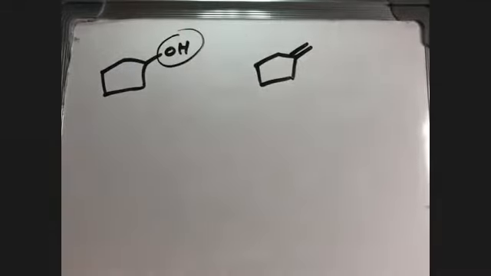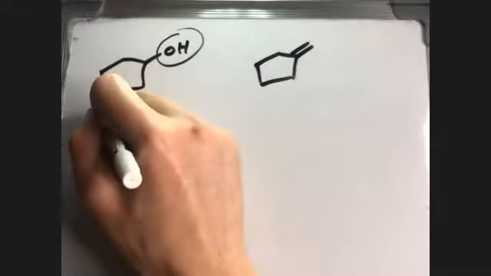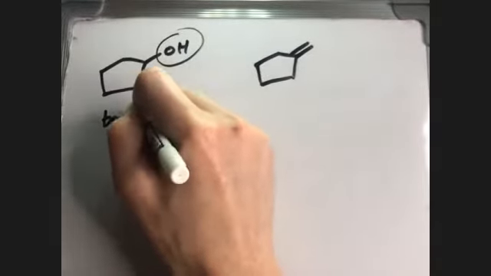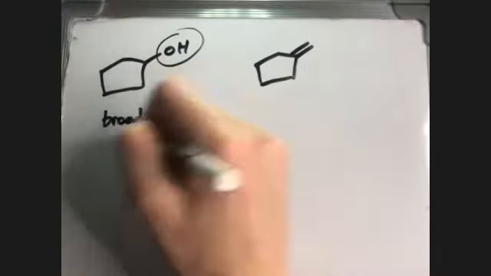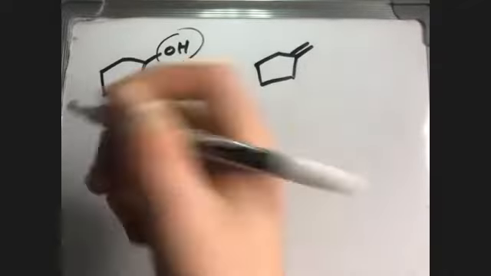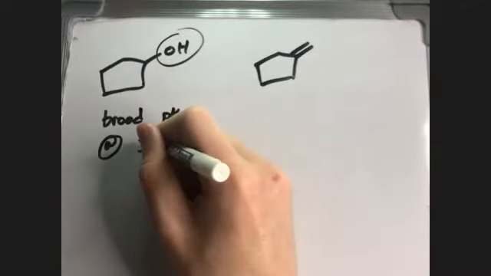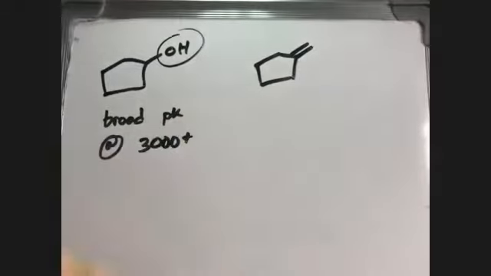So if we look back at our chart, an OH group has a very distinct broad peak. So I'd say a broad signal at 3300 or 3000 plus, because it varies between 3200 and 3650. That would be a very telling peak that we have the alcohol.